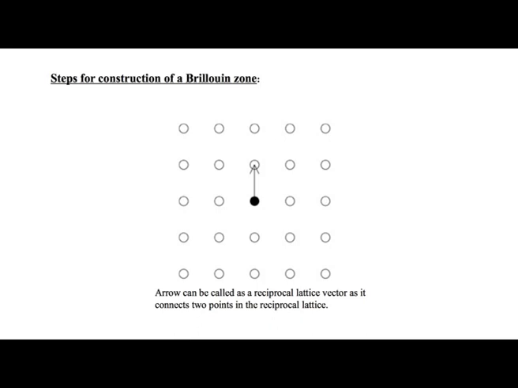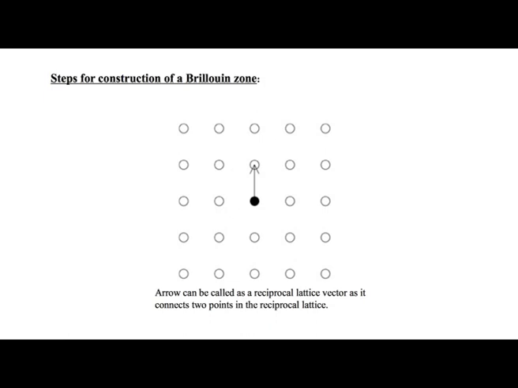So, what was the first step? The first step is to find the reciprocal lattice vectors and construct the reciprocal lattice. For that purpose, we designate one of the points in the 2D lattice as the origin.